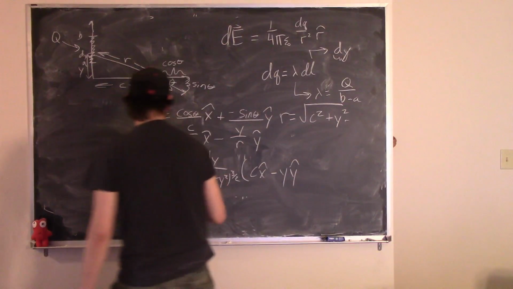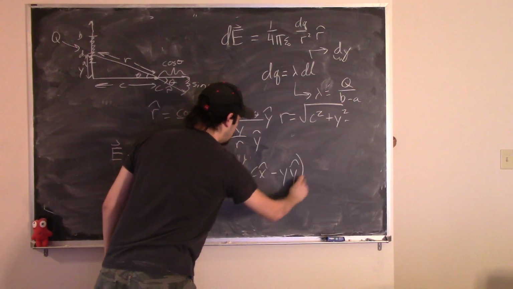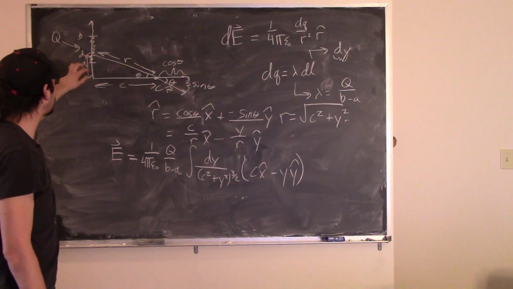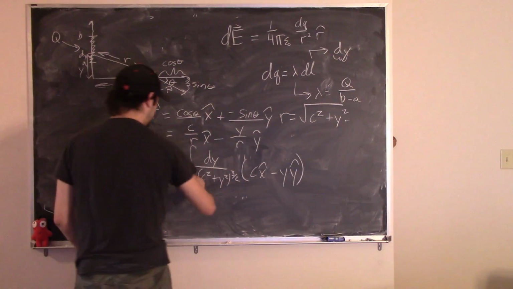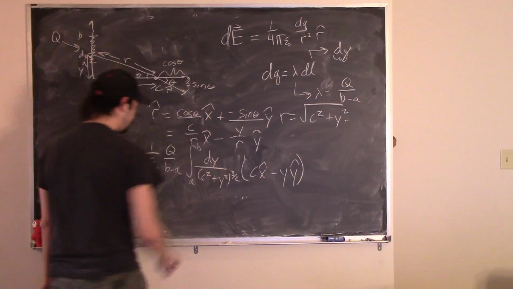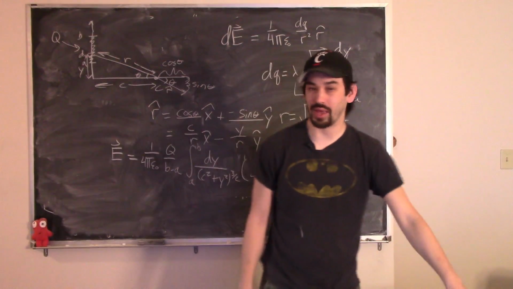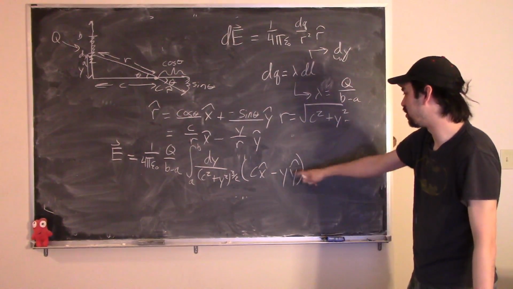Okay. The last thing we need to do here is put in our limits of integration, and that's to say that this charge starts at y equal to a and goes to y equal to b. So this is from a to b. And if this was a question on an exam, this is where we'd stop. I wouldn't ask you to do an integral like this.